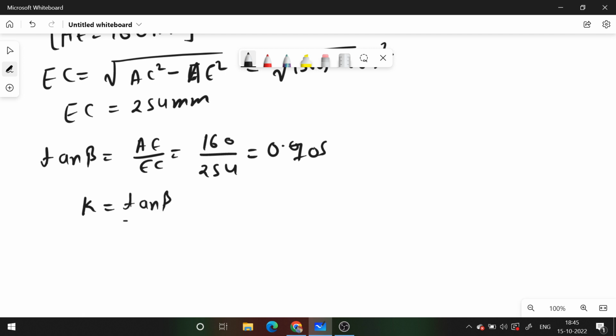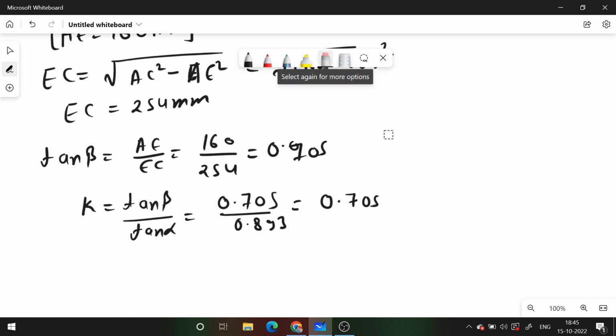Here tan beta is 0.705 upon tan alpha is 0.893. So value of K will be 0.705 upon 0.893. This will be equal to the 0.63. Okay.